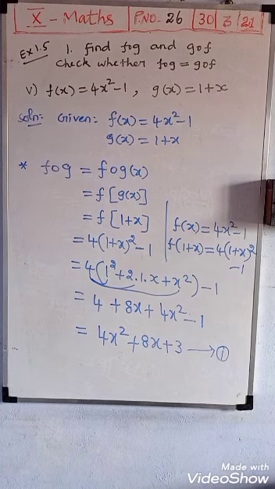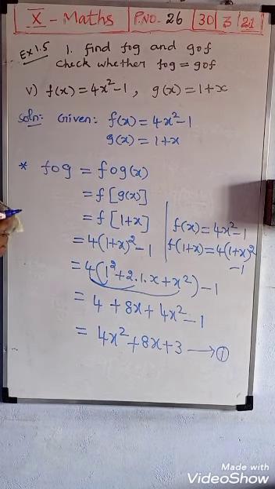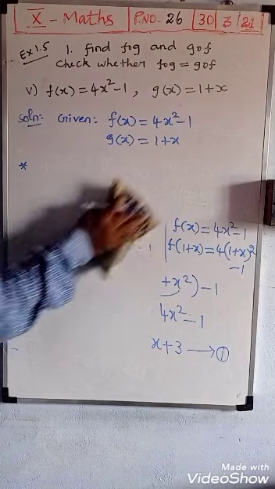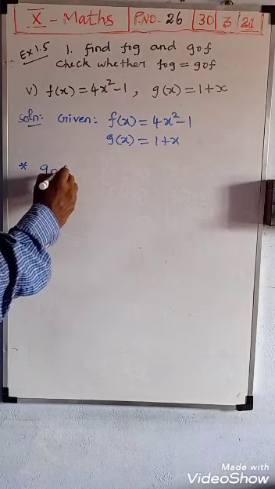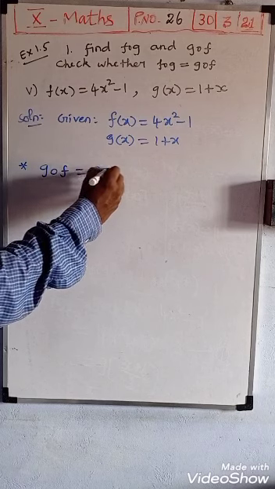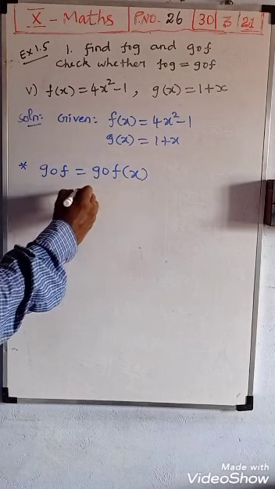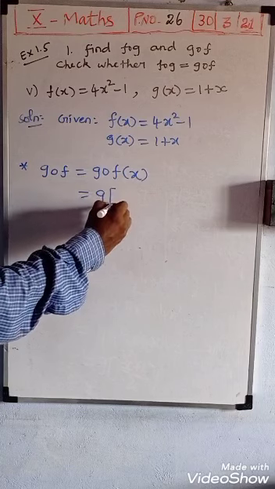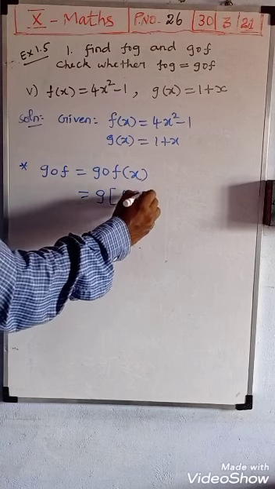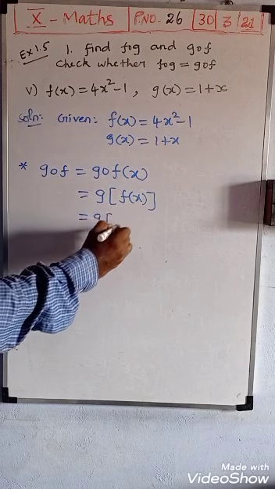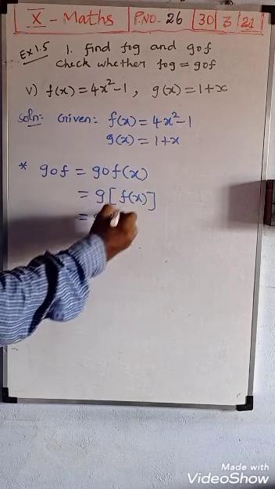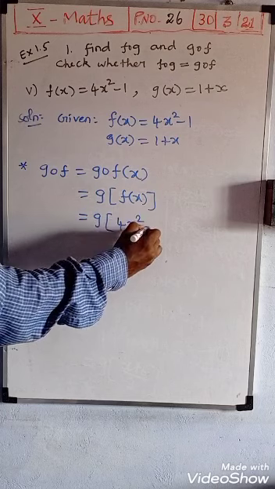Okay. Next we want to find G composition F. G composition F is equal to G composition of f of x. Now we can change this: remove the composition and write G of f of x. Here f of x is 4x squared minus 1.